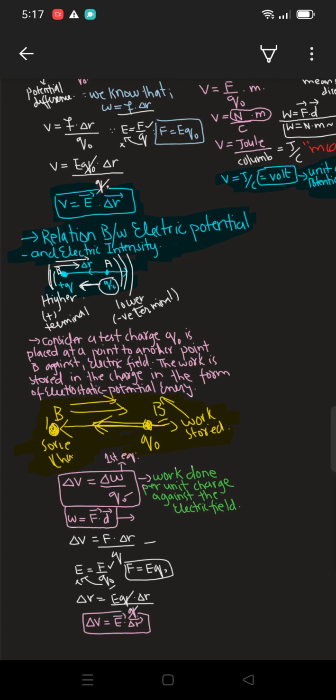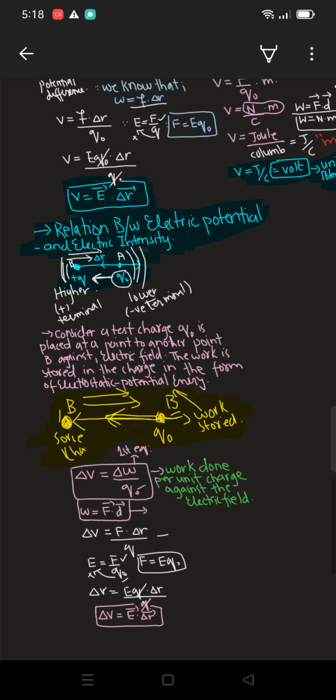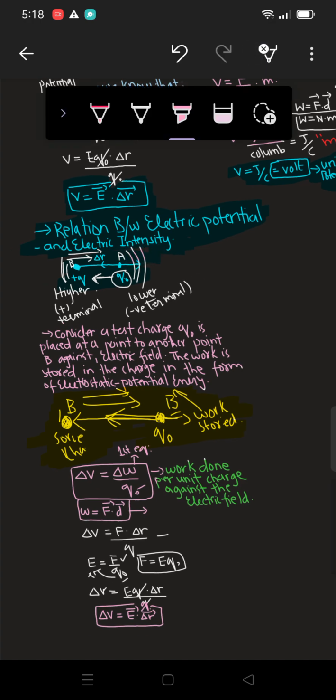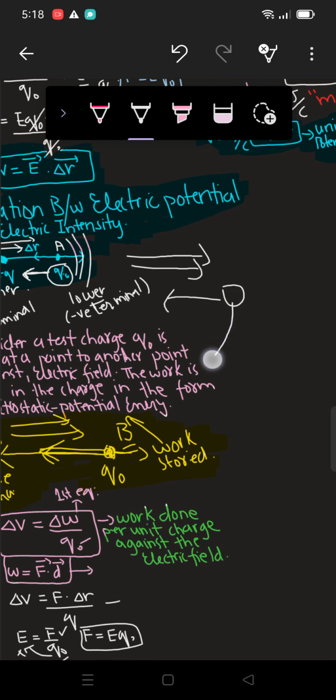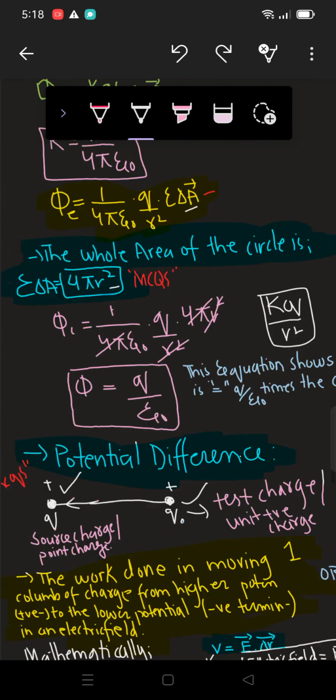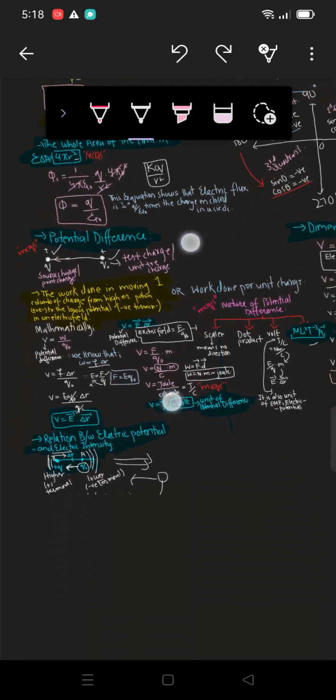We placed a test charge, denoted by Q naught, at point A. It is going to point B against the electric field, because the source charge generates the electric field and the direction of the field is like this, but this charge is moving in this direction, so it is moving against the electric field. Then the work is stored in this charge in the form of electrostatic potential energy.